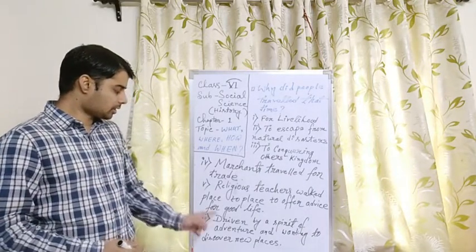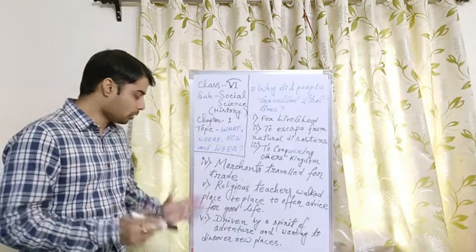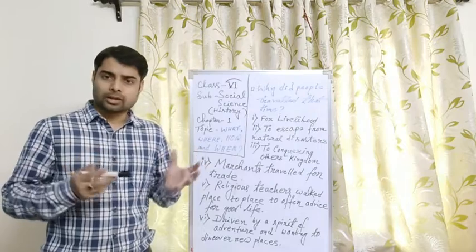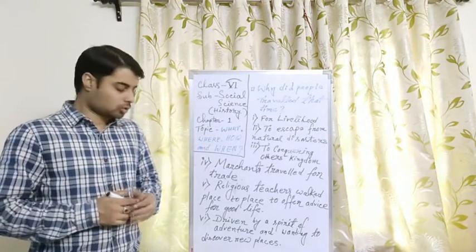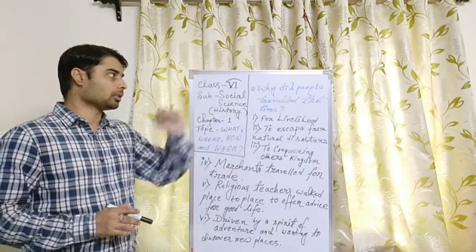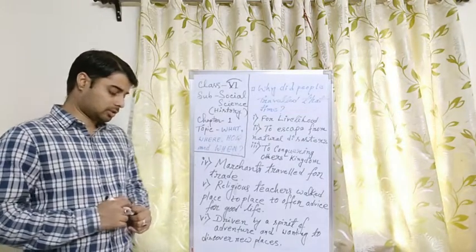Number 6, some people were driven by the spirit of adventure and wanted to discover new places. So all these reasons are responsible for people traveling from one place to another.